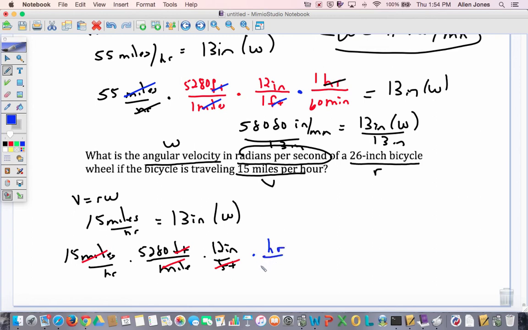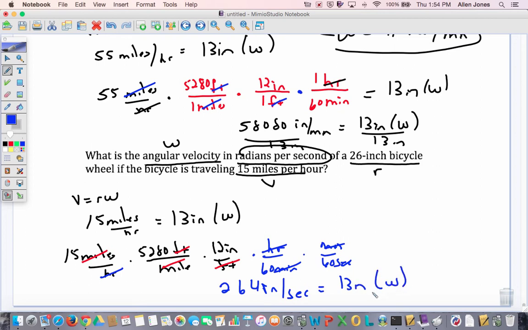Showing those labels cancel, the miles cancel here, the feet cancel here, so I have a new label of inches. We'll go ahead and do a couple more to get our hours over to seconds. So our hour is 60 minutes and a minute is 60 seconds. So here the hours label cancel, here the minutes label cancel.